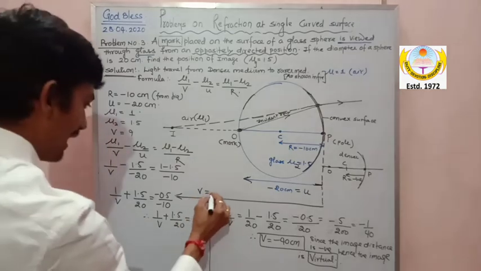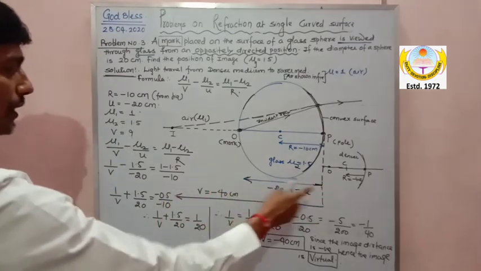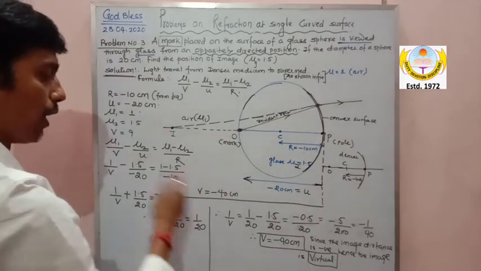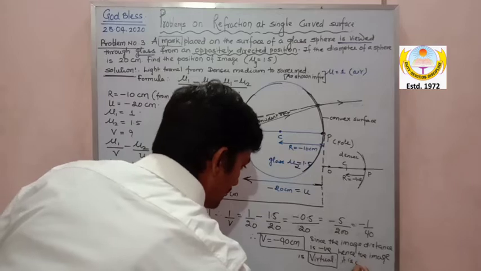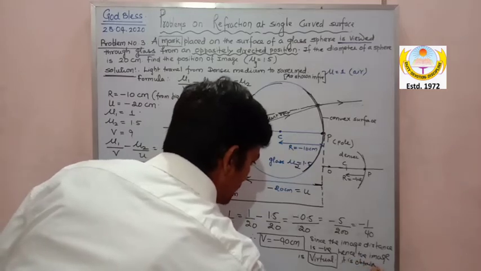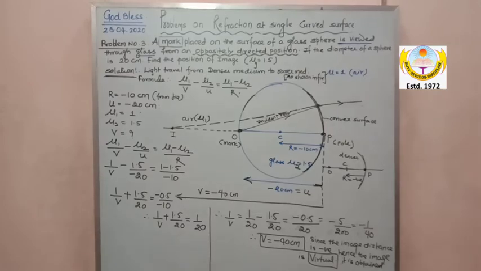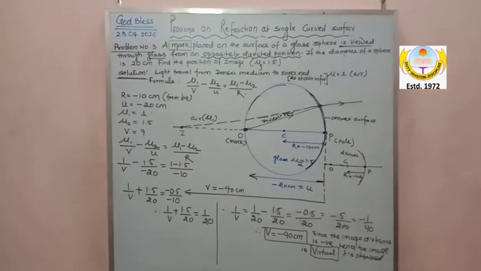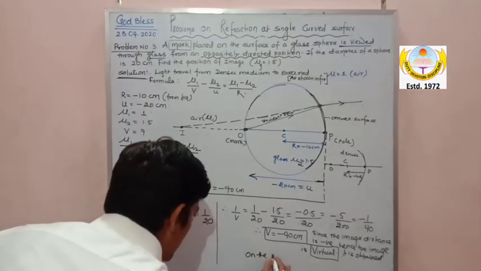And here is the answer. At minus 40 centimeter I will get the image on the same side of the object. Hence the image is virtual. You can see it is obtained on the same side of the object.